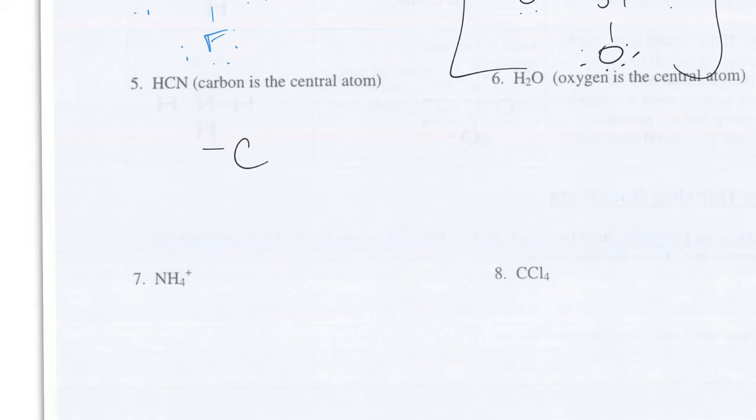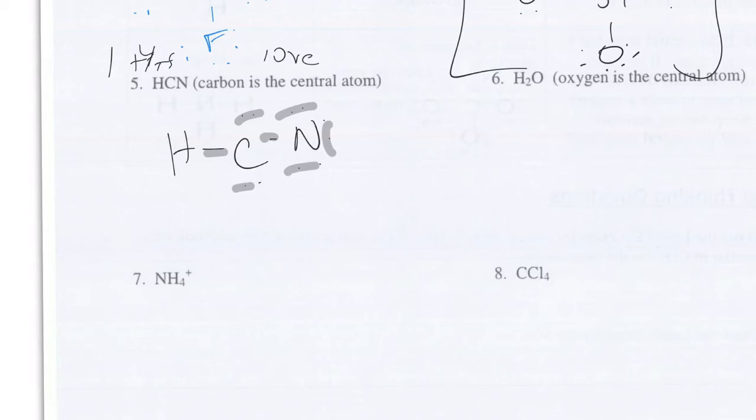HCN, they told us that C is our middle. If I try with just single bonds, I end up with 2, 4, 6, 8, 10, 12, 14. And how many did I start with? Ooh, I forgot to figure that out. H is 1 plus 4 plus 5. We got 10 valence electrons to work with.